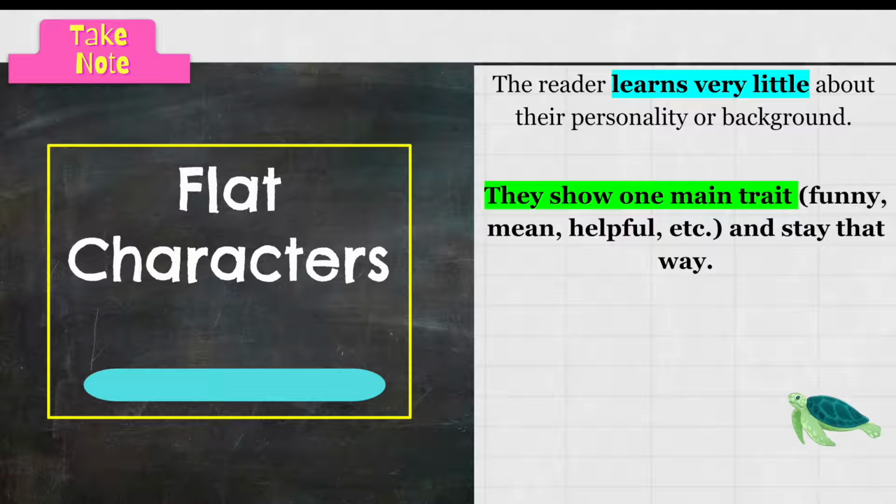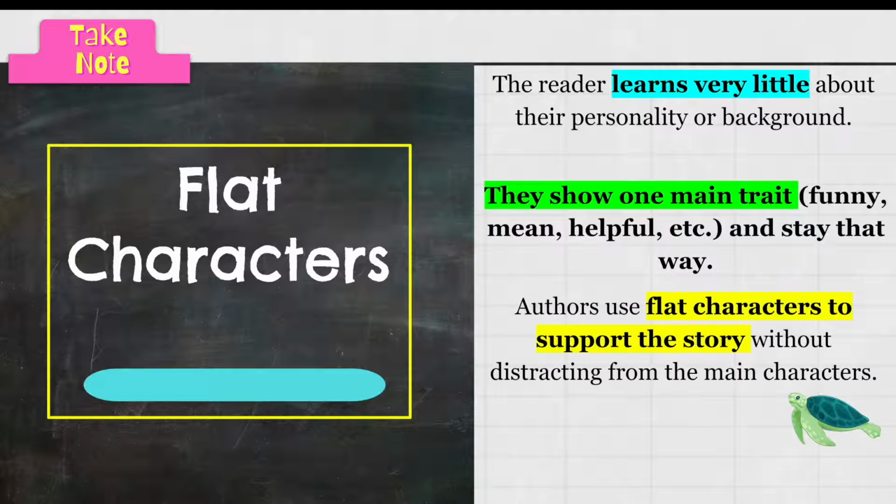They can be funny. They can be helpful. They could show up for a moment, help the reader move on to the next stage in their plot, and then leave. So they serve a purpose, but we don't need that much information about them. Authors use flat characters to support the story, but they don't distract from the main characters.